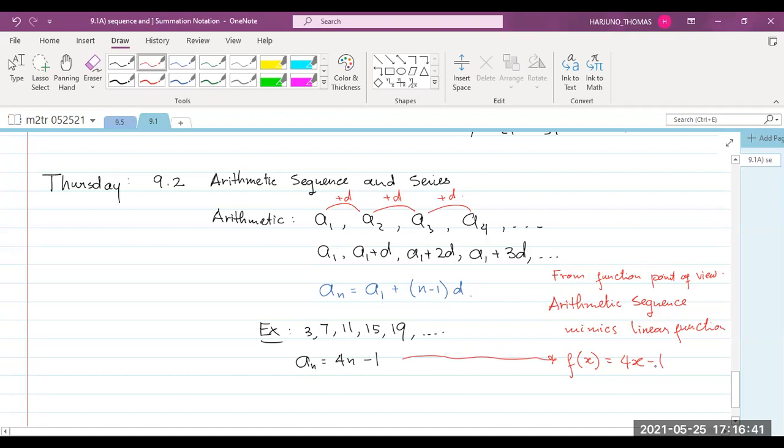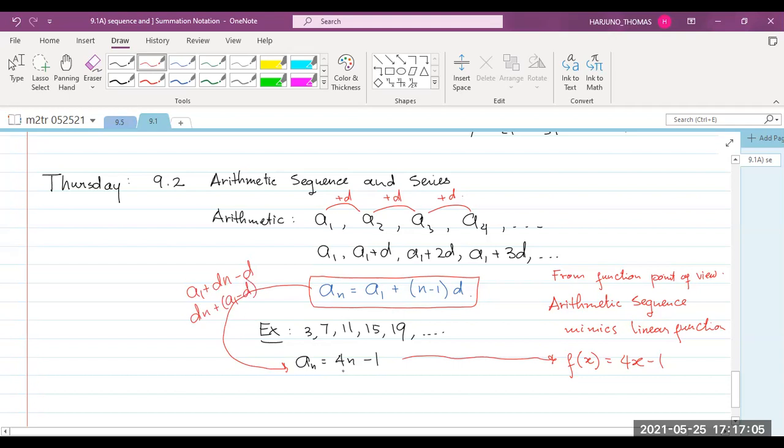The nth term of an arithmetic sequence is this. But Thomas, what you write there seems to be different from what you write here. Actually, if you play around, this is dn minus d. So you see dn plus a sub 1 minus d.